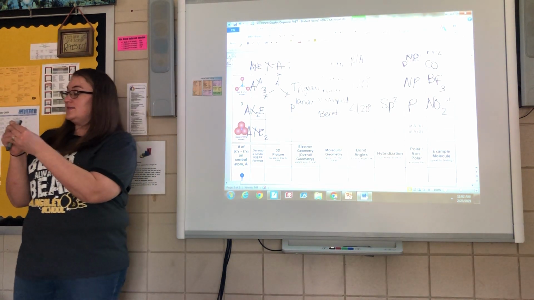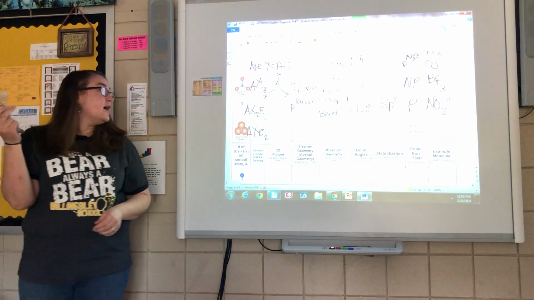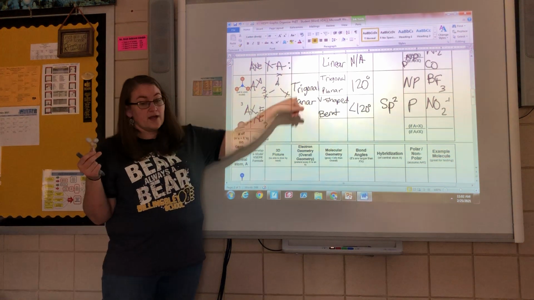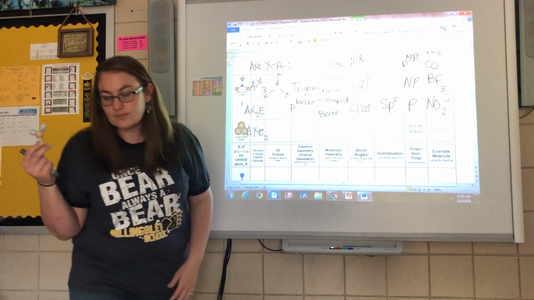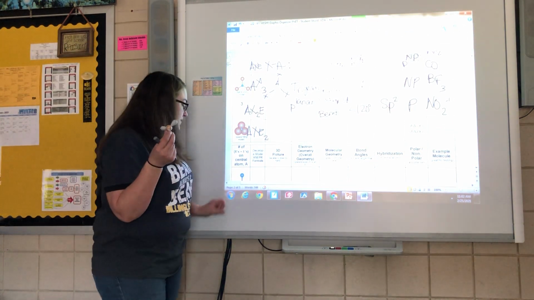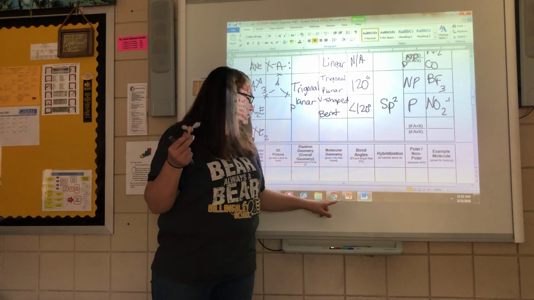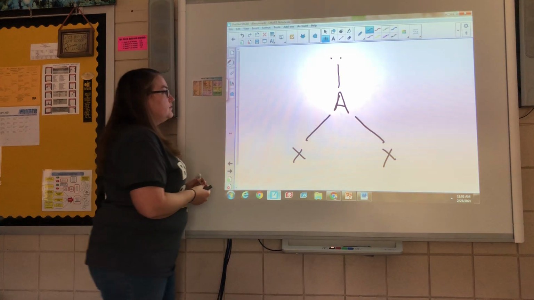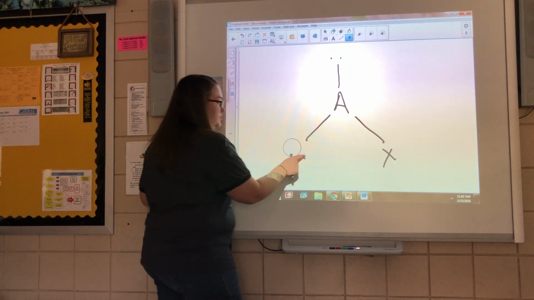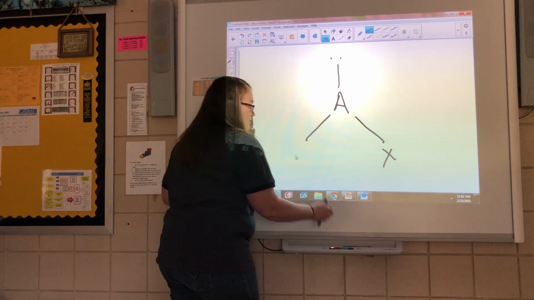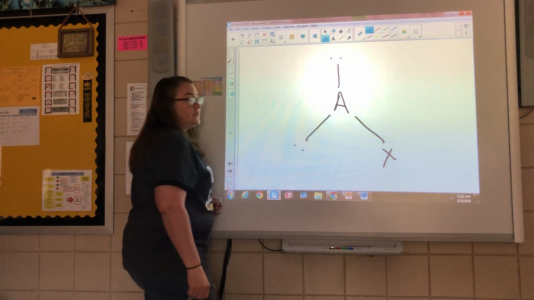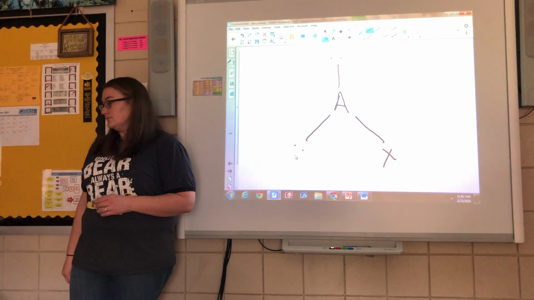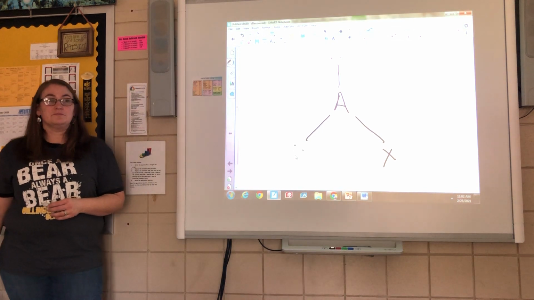So we're going to have AXE2. And that's still a trigonal planar shape. To draw the shape in that little box, all you're going to do is take one of these and put electrons there.